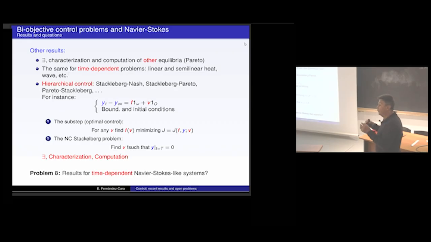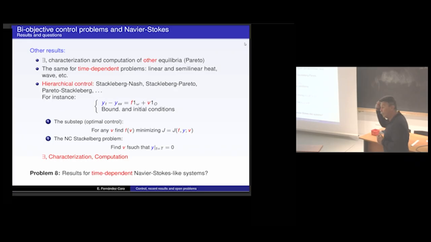Sometimes, instead of choosing two controls at the same level, as I have done before, it is interesting to hierarchize the roles of the controls a little. For example, it could be interesting to fix F and V such that first, for any V, the associated f of v minimizes the functional, and then, in the second step, to choose v such that the couple v, f of v drives the solution to 0.